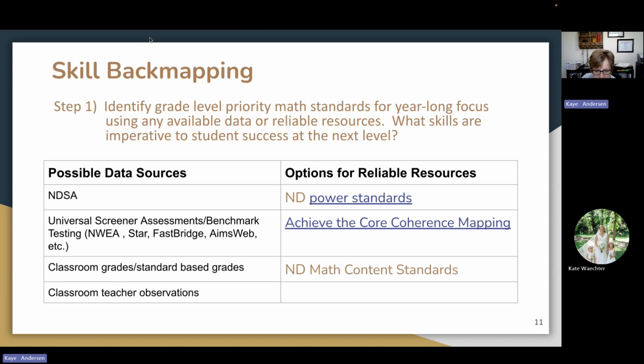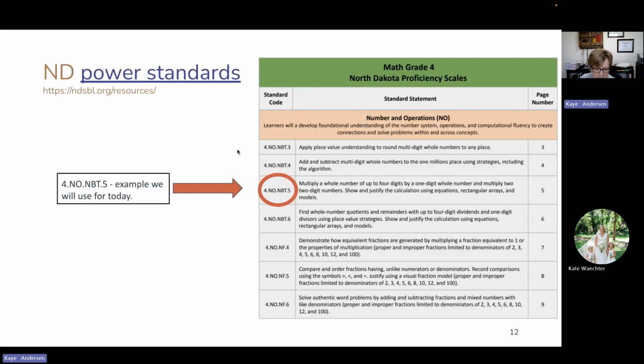Now, let's take a look quickly at how I might do this. If I go to the North Dakota Standards-Based Learning site, the link is up here for further reference, and it is live inside the PDF that you have available to you on the hub.